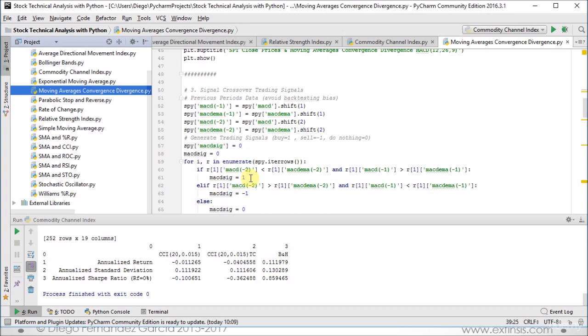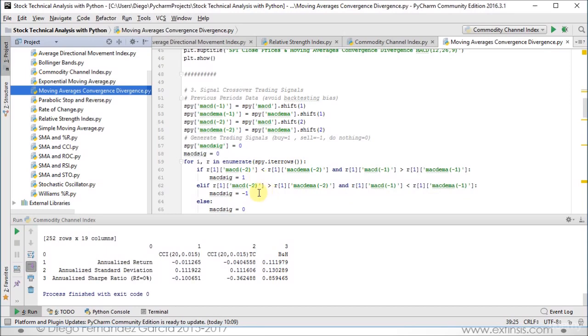Then we enter a second condition, an elif, and we ask if our second previous period's MACD was greater than that second previous period's MACD EMA or signal, and the previous period's MACD was less than the MACD EMA or signal from the previous period, then we have a signal which is equal to -1, or sell signal.